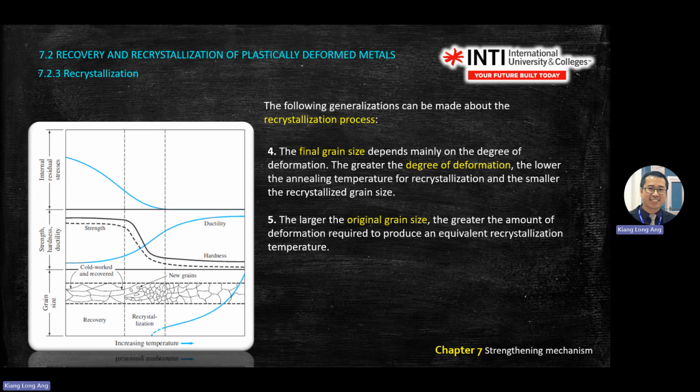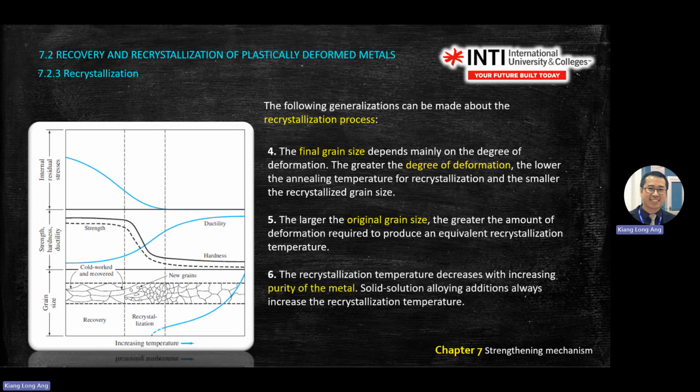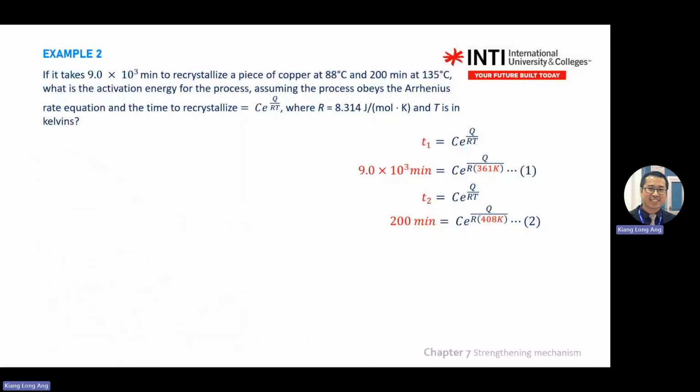Then the strength will drop. The hardness will drop. Strength will also drop. It means it's easier to pull, but it cannot handle high stress. Okay. It's like bubble gum. You can pull it with very little force. Okay.